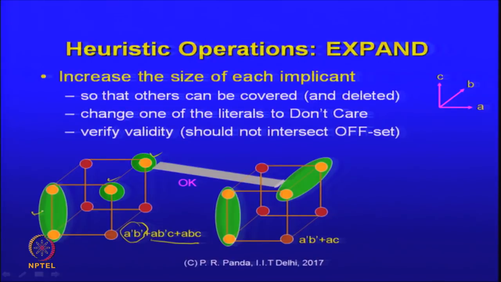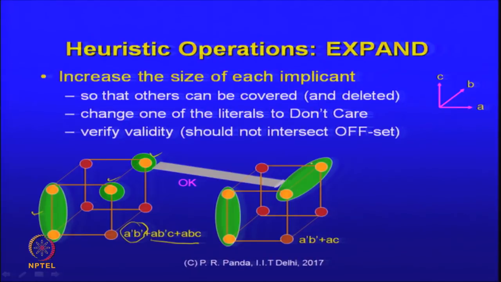But the point is, when you expand one of those literals in that direction where it occupies now a larger space, it is possible that in the process you might cover some of the already existing implicants. If that happens, then you could delete the one that you have just covered as a result of the expansion.